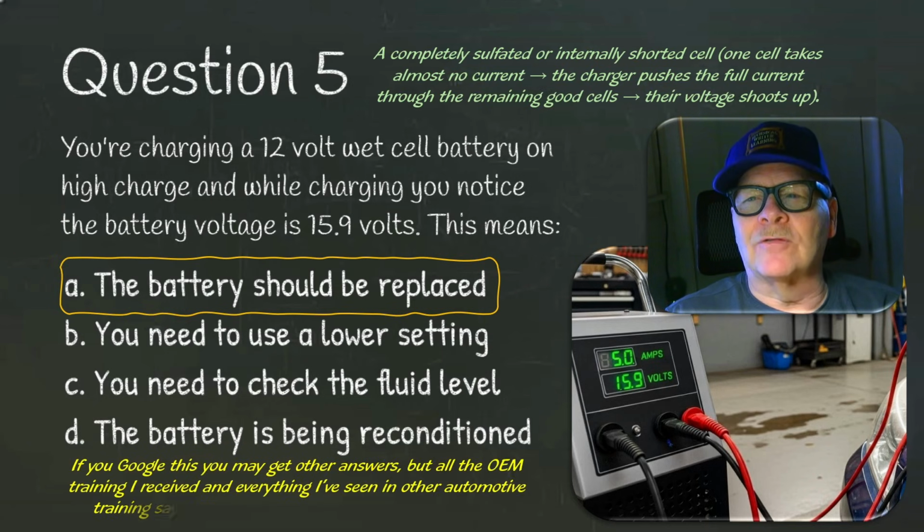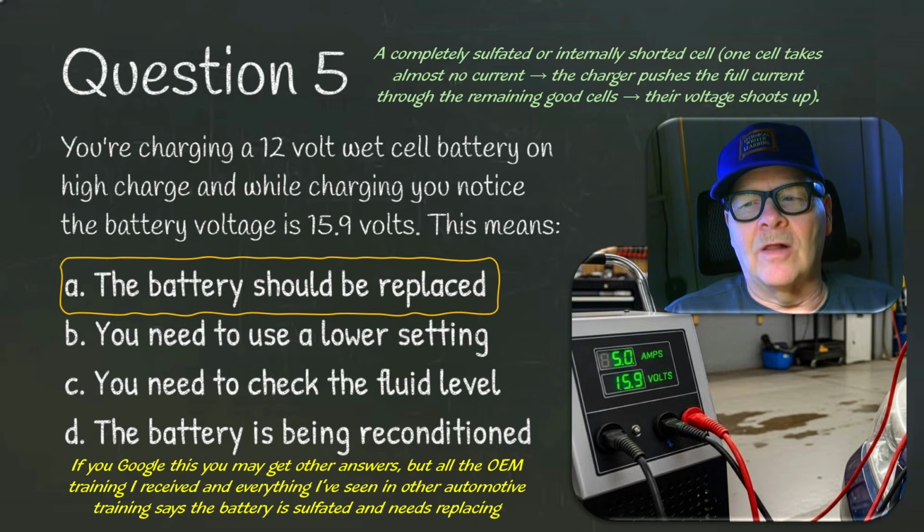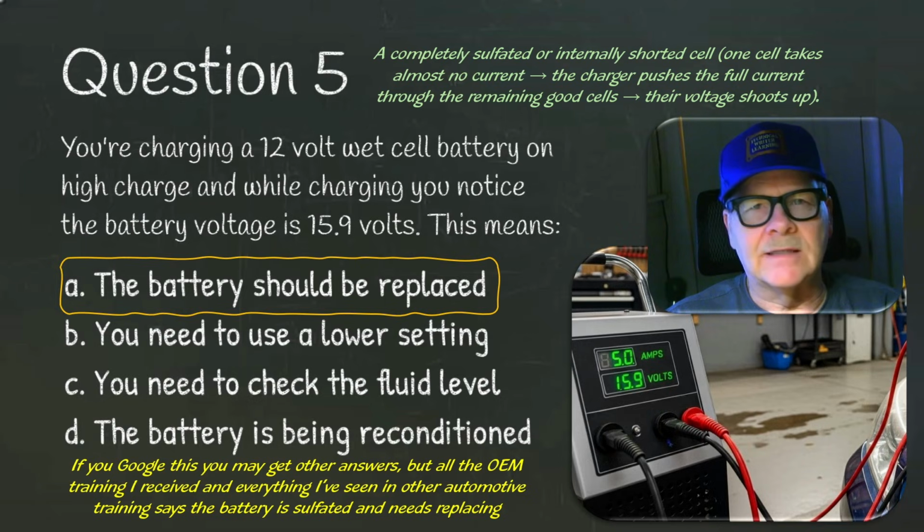You're charging a 12-volt wet cell battery. Now, a completely sulfated or internally shorted cell takes almost no current. It'll push the full current through the remaining good cells and the voltage shoots up. Now, if you Google this, you may get other answers, but on all the OEM training I've received, and everything I've seen in other automotive training, it says the battery is sulfated and needs to be replaced.